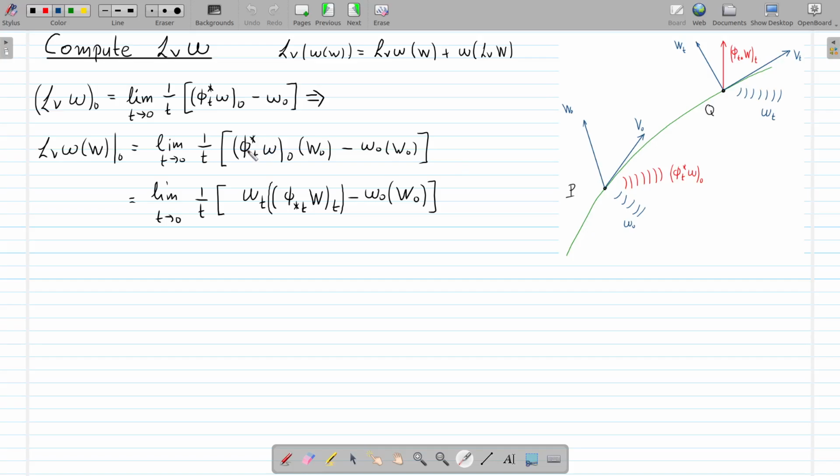So using the definition of the pullback of the one-form, we can compute the first term by taking the action of omega at Q on the pushed-forward vector phi star W from the point P to the point Q.